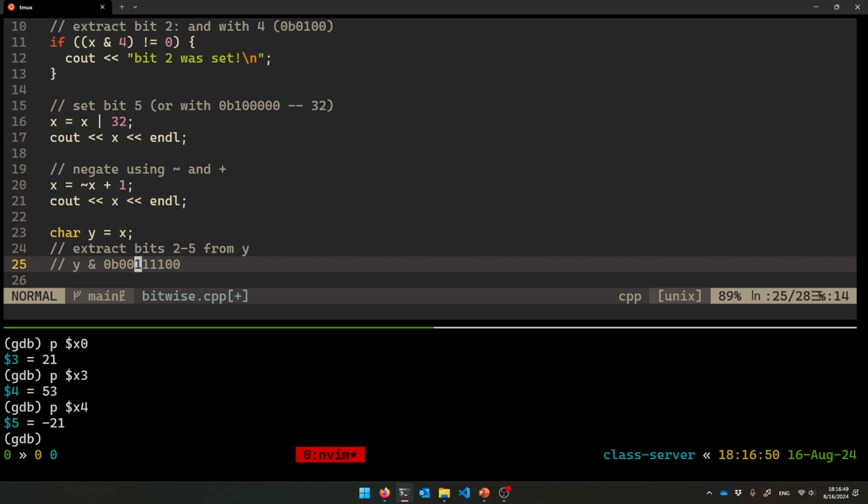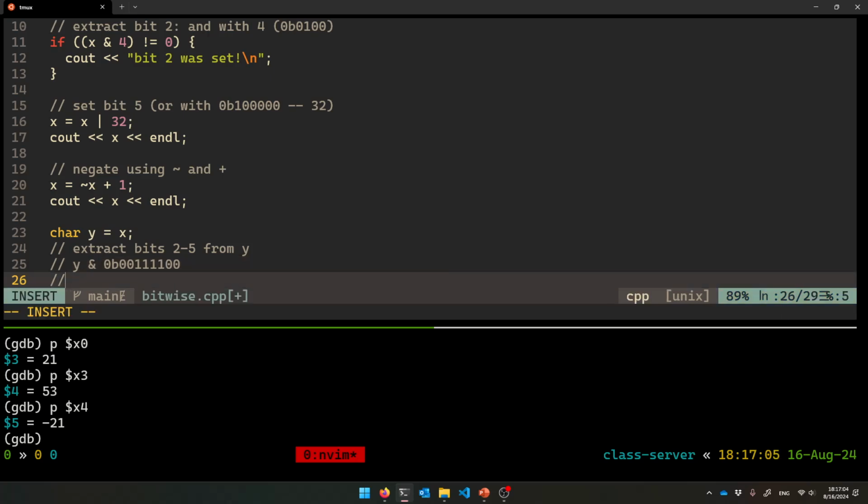An easy way to get this number, if you want to move things over quickly, is 1, 1, 1, 1 shifted left by 2 bits. You see that? So that's one way to compute it. So cout y ANDed with 1, 1, 1, 1 shifted left by 2.